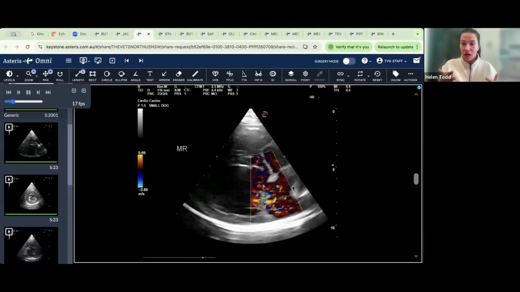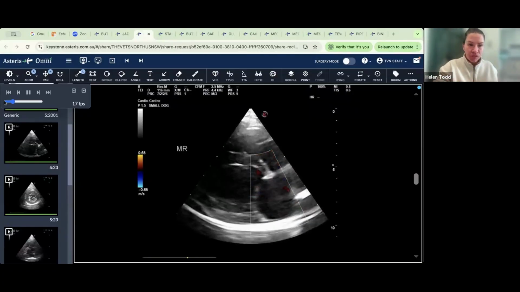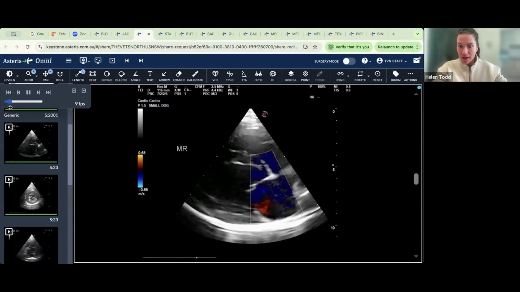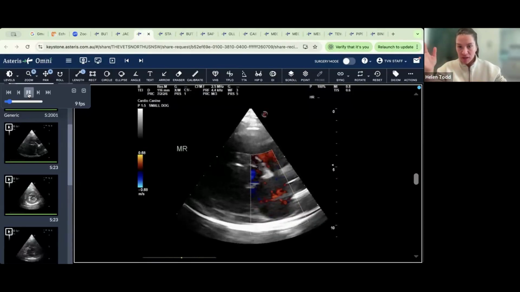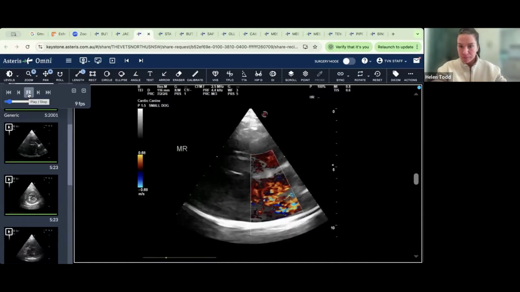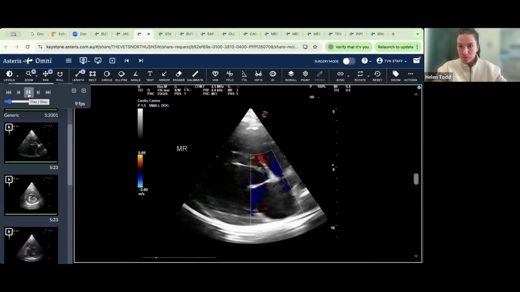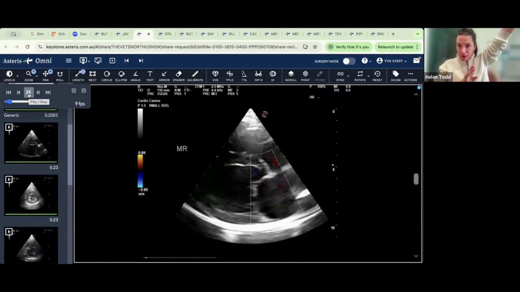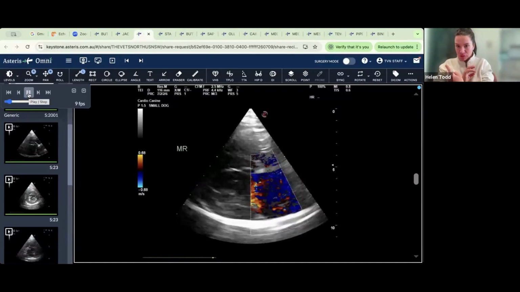That's really, really turbulent. So I'm going to slow this cine loop down. We've gone back to our first right parasternal long axis, and I've got color flow on the mitral valve. At what stage in the heart cycle does mitral regurgitation always have to happen? Systole. In systole, perfect. Heart is pumping, blood should be going out the aorta, it's going back through the mitral valve.